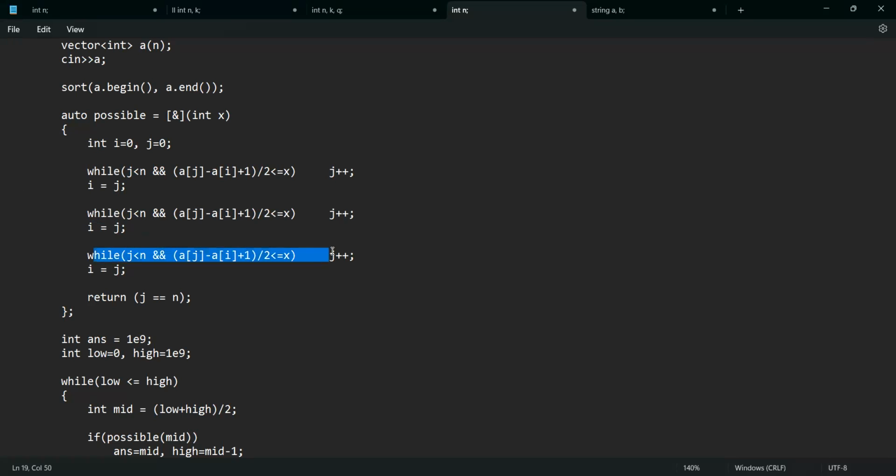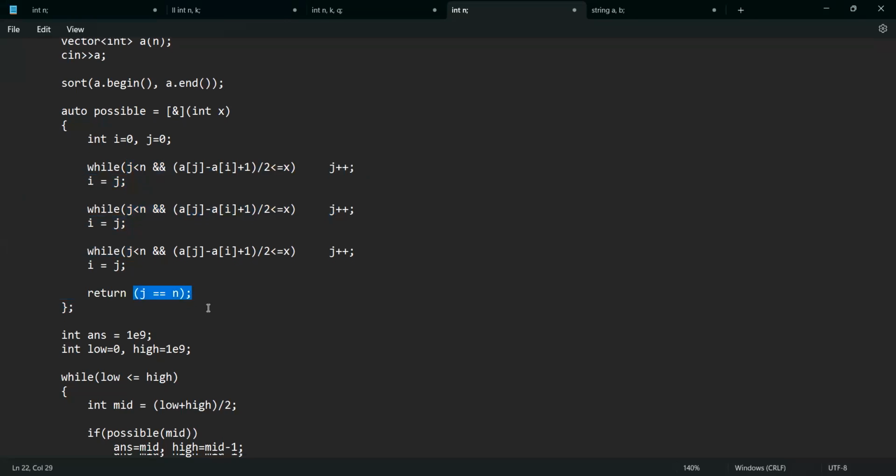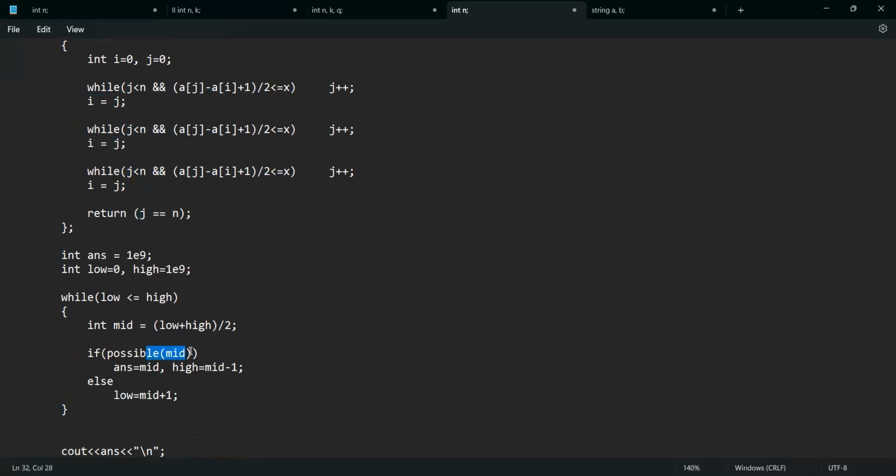Then again I'll do the same thing, and finally I'll check if j is equal to n. That means I'm able to iterate through my whole array. It means I'm able to give somehow to all the three persons. So if j is equal to n, I'll return true. That means it's possible for me to have mid difference for the current array.